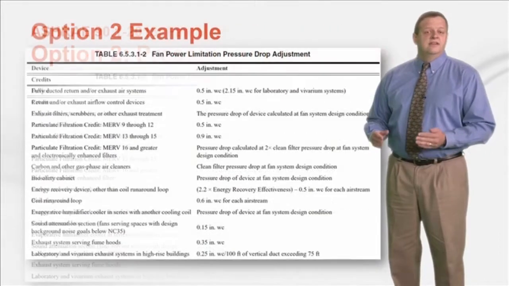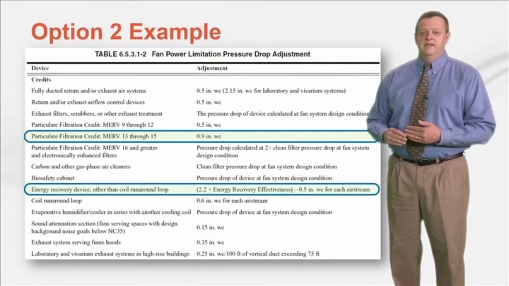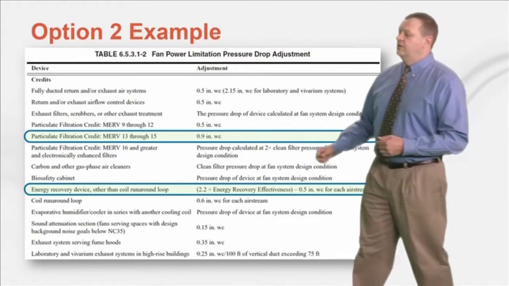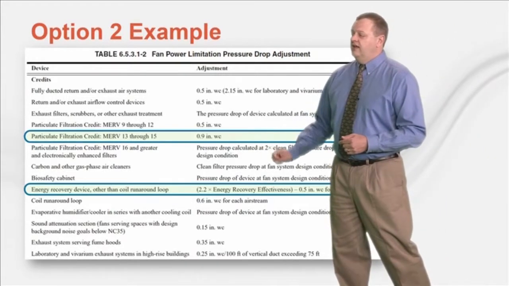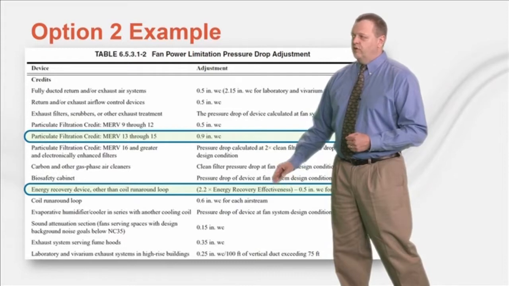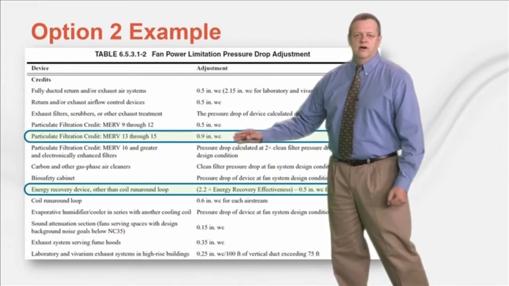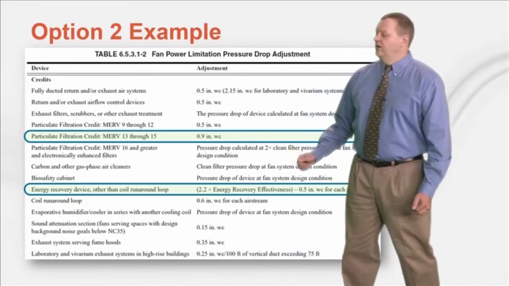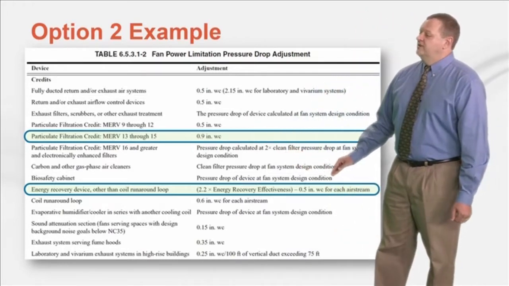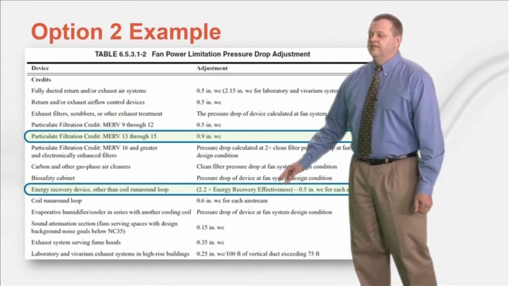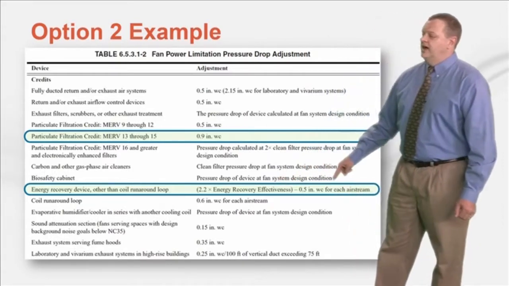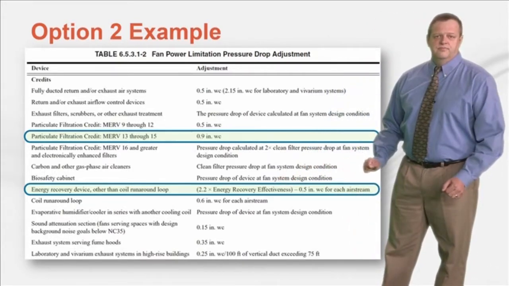To demonstrate, consider if our 30,000 CFM VAV air handler includes a MERV 13 filter and a total energy wheel. The pressure drop adjustment for the MERV 13 filter is 0.9 inches of water. And for the total energy wheel, the adjustment is based on the effectiveness of this device and then applies to each airstream.